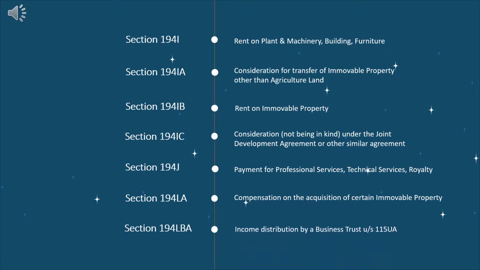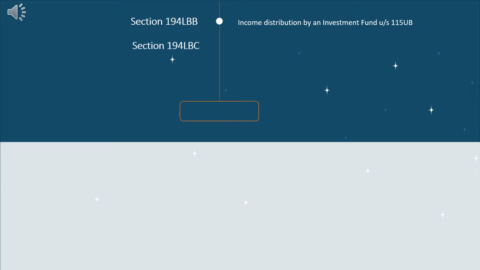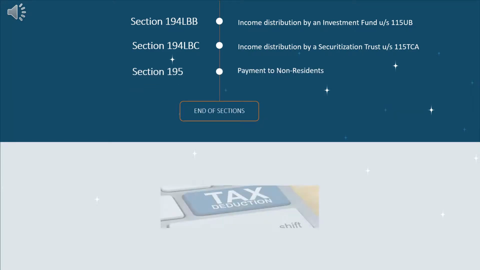Section 194LBA, income distribution by a business trust under Section 115UA. Section 194LBB, income distribution by an investment fund under Section 115UB. Section 194LBC, income distribution by a securitization trust under Section 115TCA. Section 195, payment to non-residents.